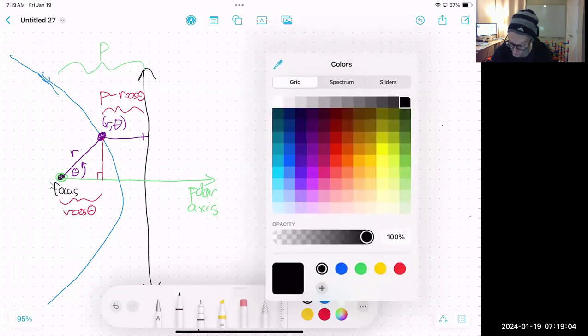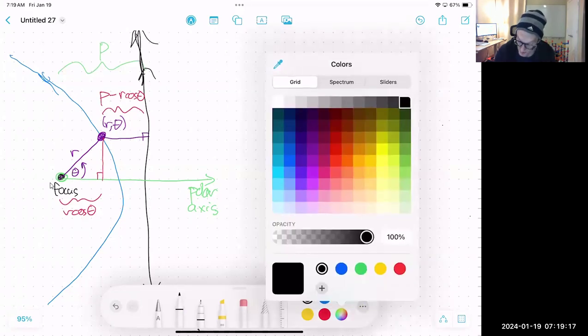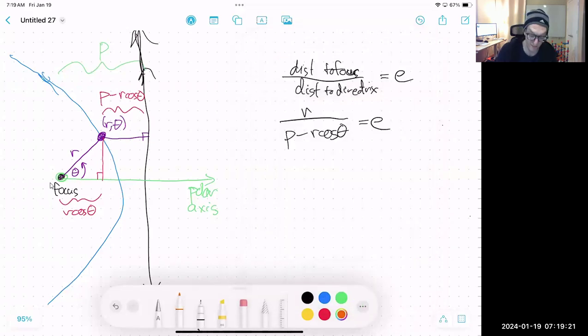Let me pick some new color like orange. There is a way in which this whole thing could go wrong. I keep saying choose an arbitrary point. If you are truly allowed to choose an arbitrary point, then you might be thinking, what if I pick a point over here?